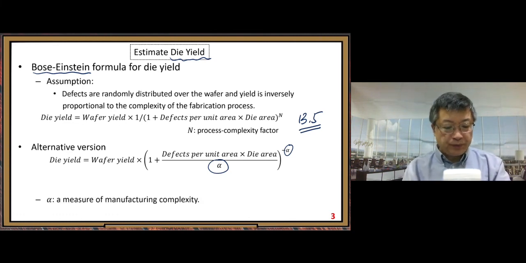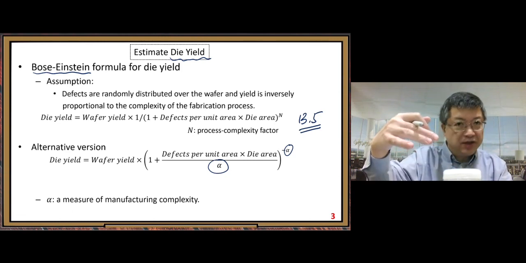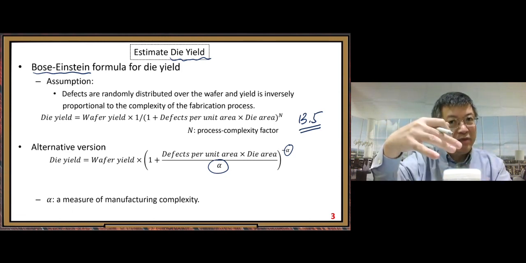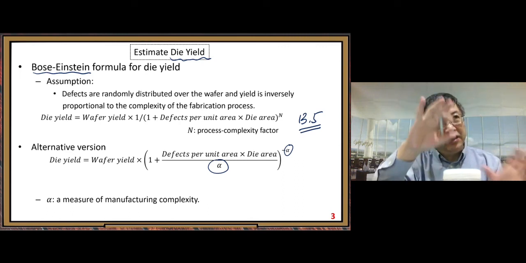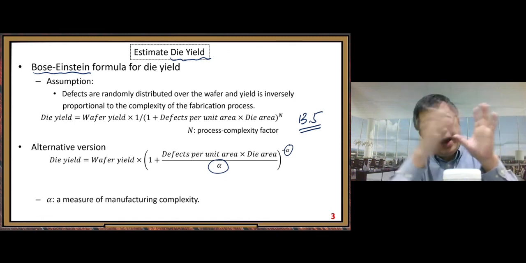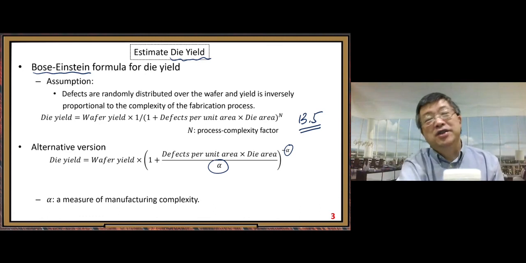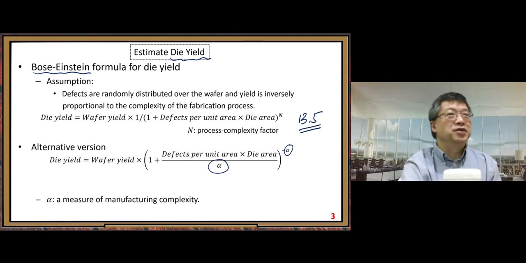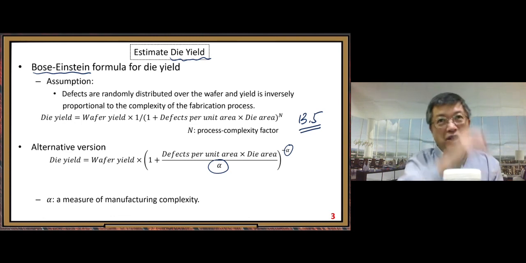All right. So alpha is a measure of manufacturing complexity, also the process complexity factor. It's just some special parameter connected to the process complexity, right? It's very hard to define the meaning of those parameters, because it's based on experiments.